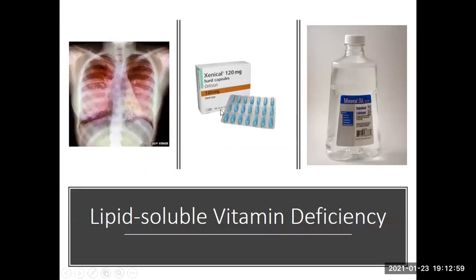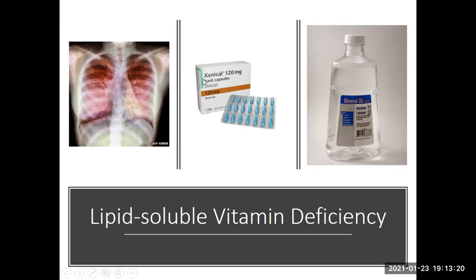There are certain things that can also affect the absorption of lipid-soluble vitamins. For example, if a patient has cystic fibrosis associated with pancreatic insufficiency, there will be malabsorption. Malabsorption of fat will lead to malabsorption of vitamins.